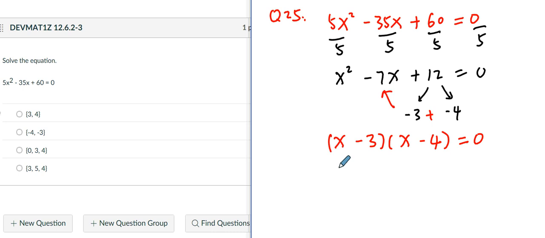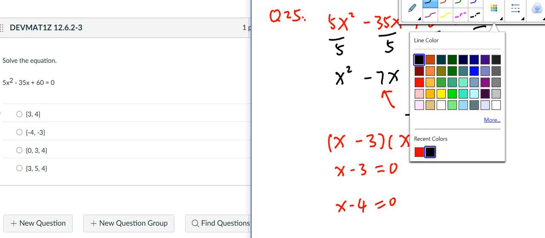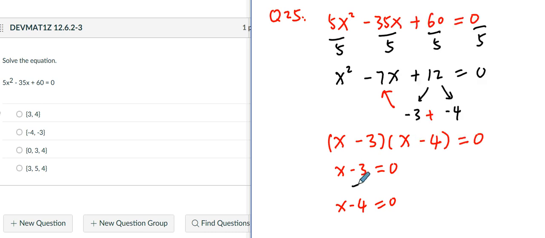So you have possibly x minus 3 is 0, or x minus 4 is 0. And the rest of it will be the regular routine job: plus 3 on both sides, plus 4 on both sides.